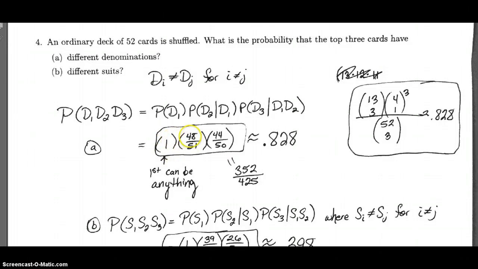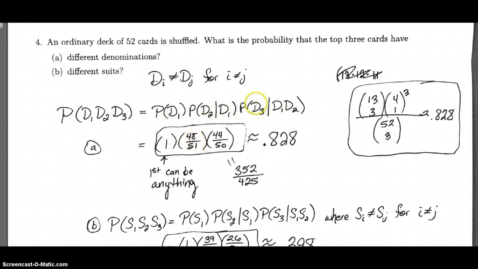Now on the second one, the probability of getting a different denomination on the second, there's only 48 cards left. There's 52 total cards in the deck. 1 we've already chosen. 3 will be the same denomination as that first thing we chose. So that leaves us with 48 out of the 51 remaining cards.